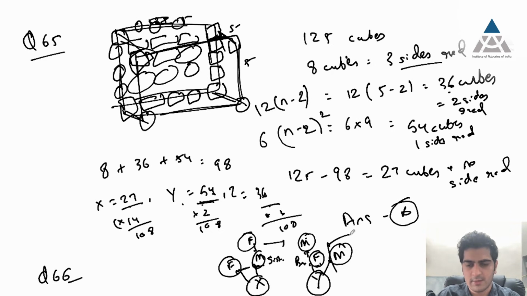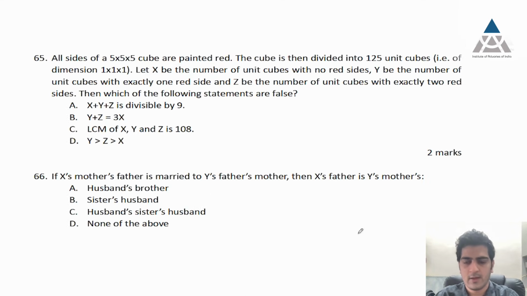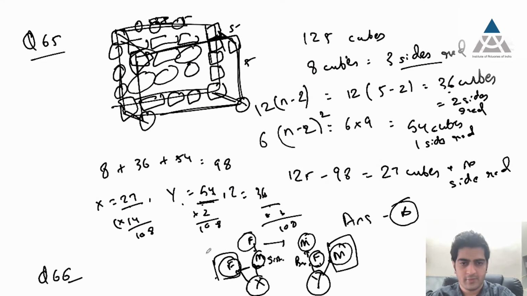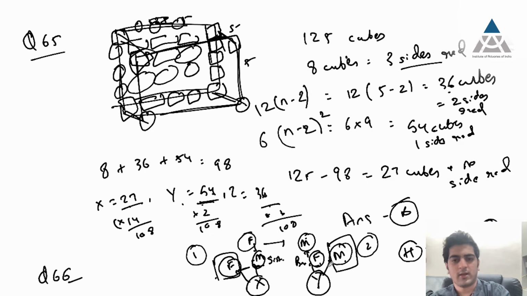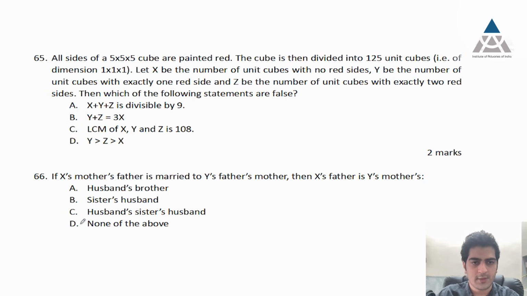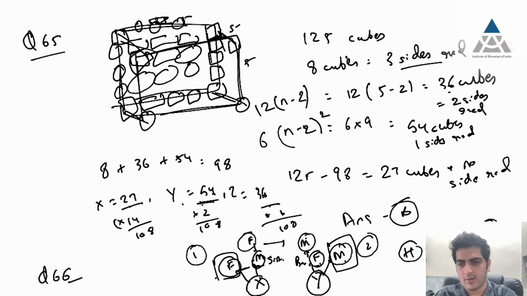Okay, and we have to find the relation between this person and this person. That is x's father, person 1, is y's mother's person 2. So who is x's father? We can just try and figure out here. So y's mother's husband, husband's sister, husband's sister's husband. So y's mother's husband's sister's husband, that is x's father. So do we have that option? Yes, option C, husband's sister's husband, and accordingly the answer is option C.